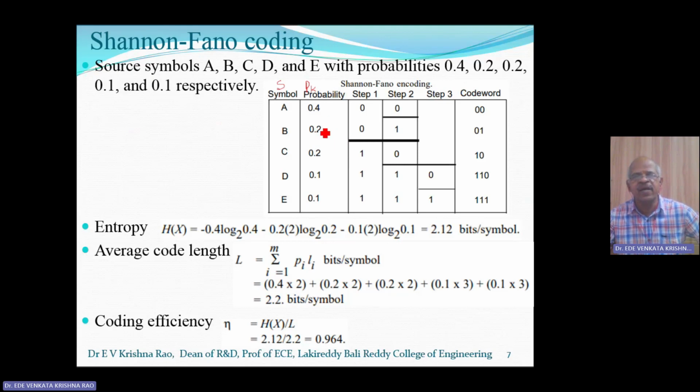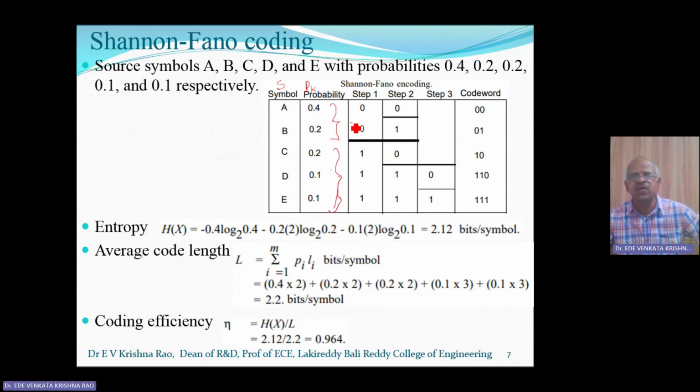So we take 0.6 and 0.4, which is very close to equiprobable. This is the first set, the upper set, and this is the second set, the lower set.